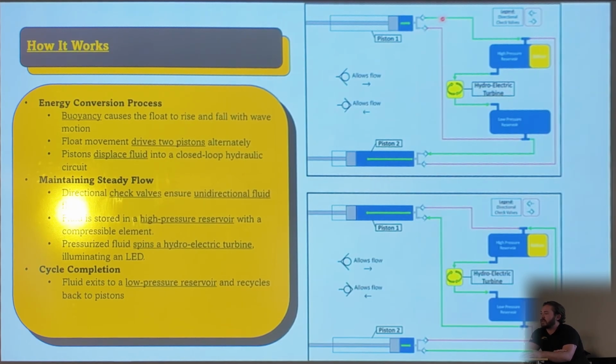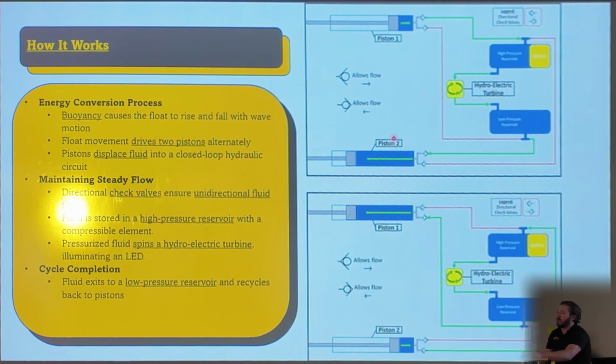And you can follow the green path on either diagram. In the state that it's in the picture, the flow will follow the green path. So essentially, in this state, the flow will leave the piston going to a high pressure reservoir, and then from that high pressure reservoir it flows through the turbine into the low pressure reservoir, and then the decompressed piston pulls fluid from that reservoir.